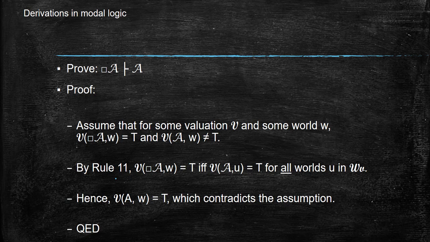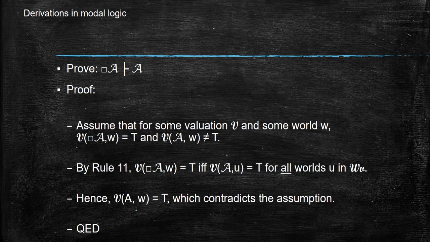Well, now we're looking for a contradiction. By Rule 11, which we just stated above, the value of necessarily A at W is true if and only if the value of A at U is true for all worlds U. So the value of necessarily A in any world is true if and only if the value of A is true in all worlds.